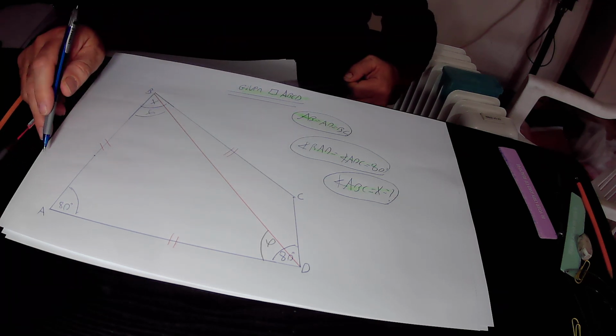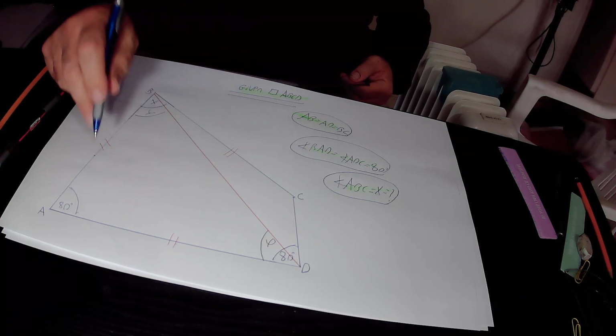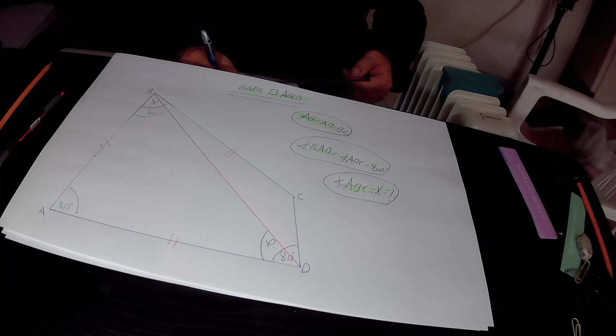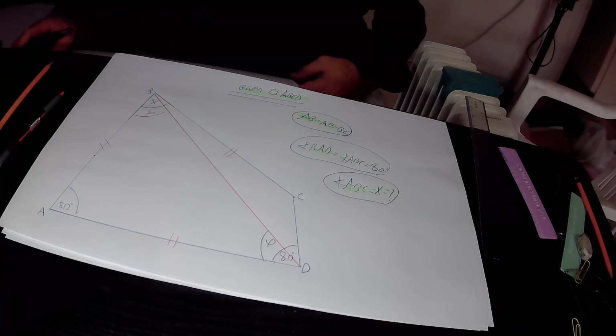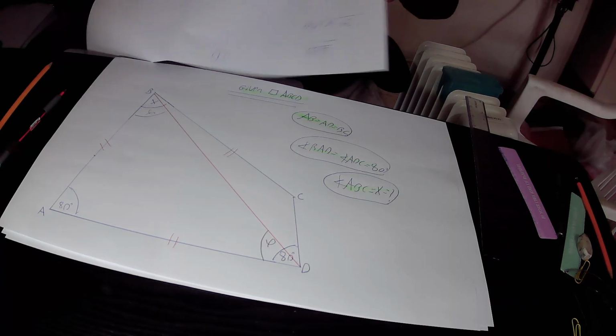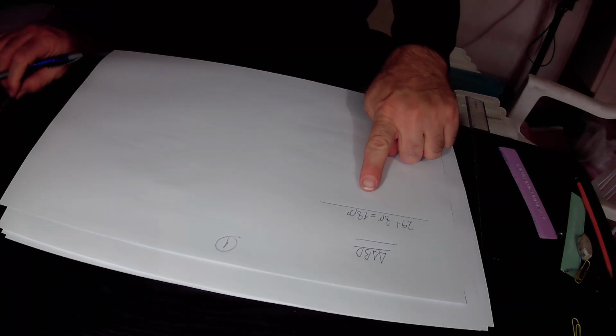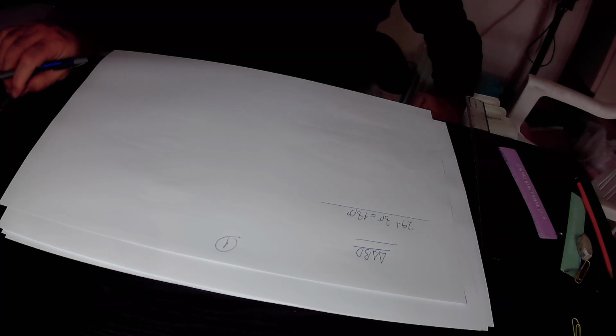In total this must be equal to 180 degrees. That is to say, 2 alpha plus 80 degrees must be equal to 180 degrees.